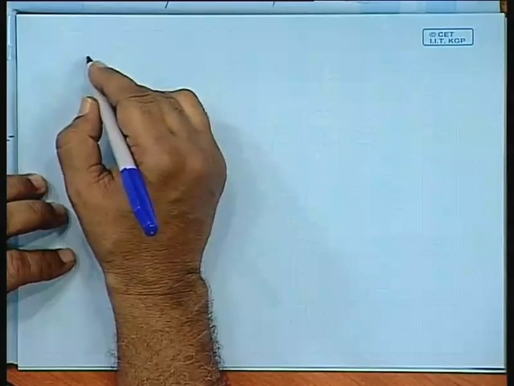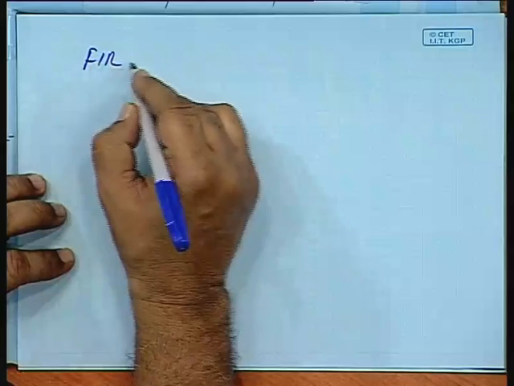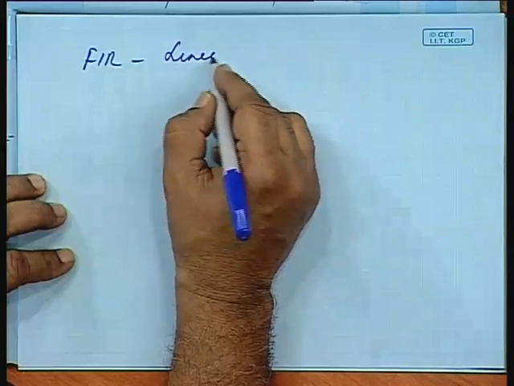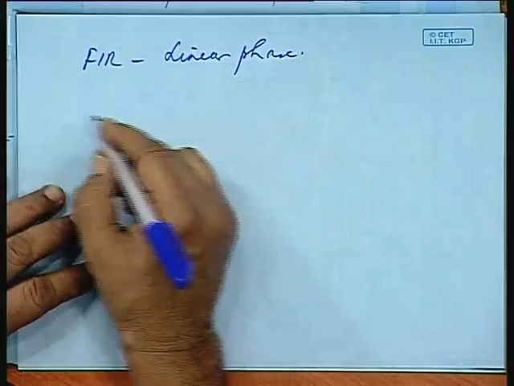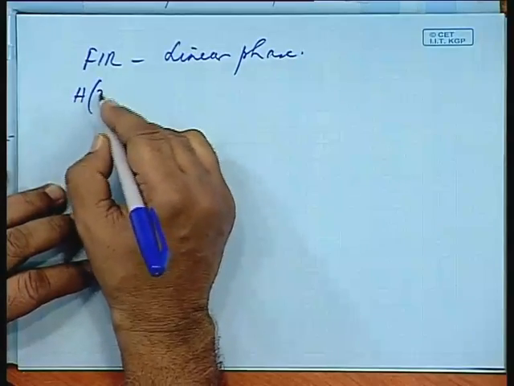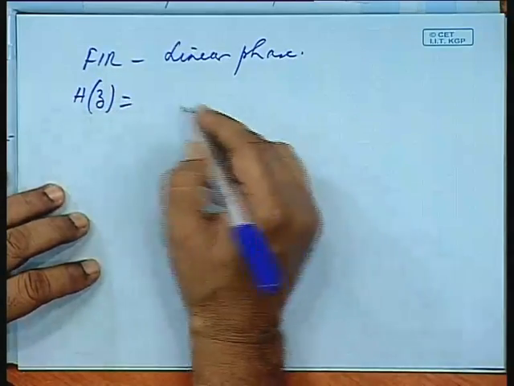So, we can have, if it is an FIR linear phase, I will take up a simple example, you can try a little more complex structures.